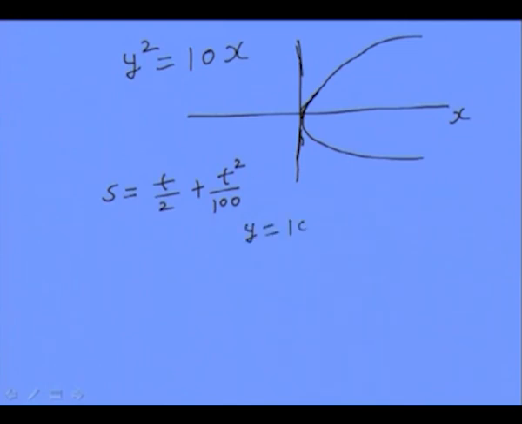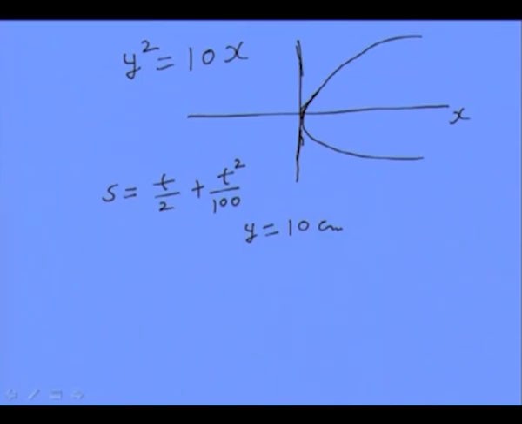Y is equal to 10 unit or maybe 10 centimeter. At that point, how do we find out the acceleration? You have a known relation between s and t. S is the distance travelled by the particle.